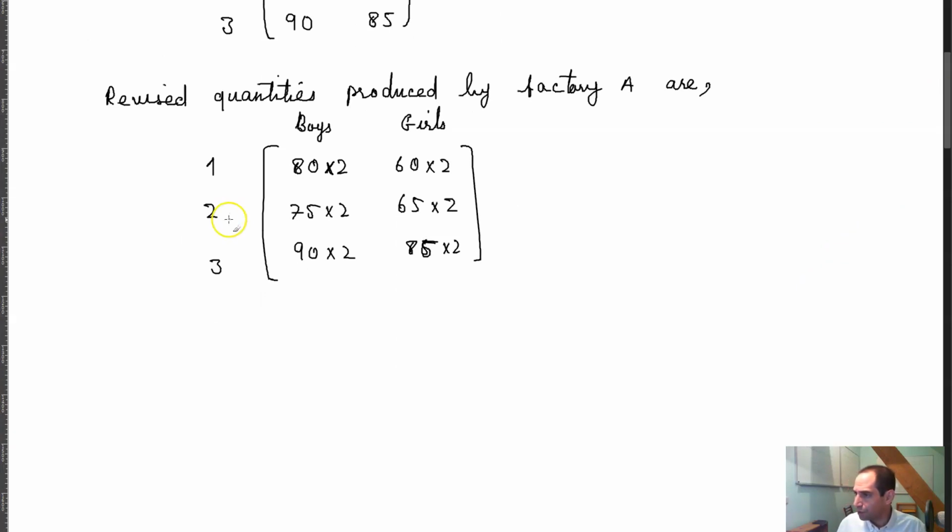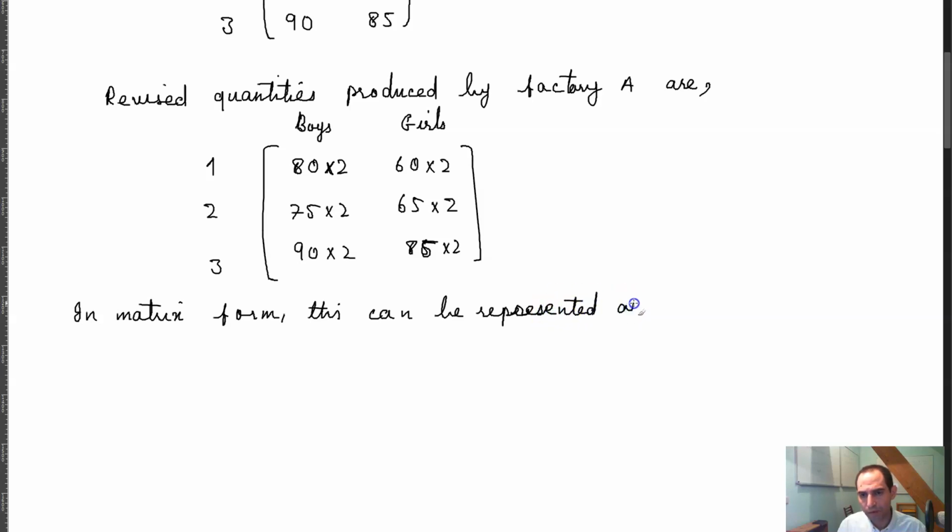Now, this can be represented in matrix form as, of course, this is already a matrix, but this can be represented as 160, 120, 150, 130, for example, 180, and 170, right?